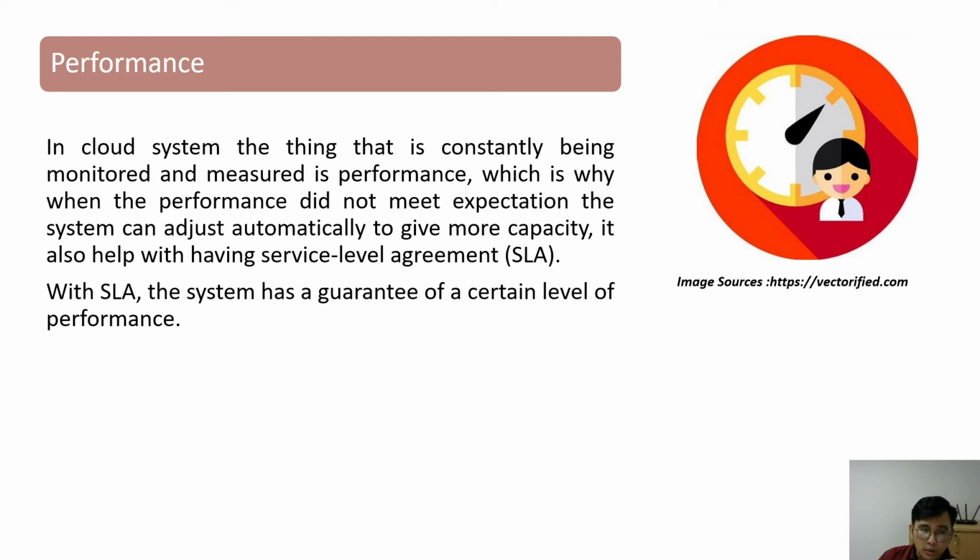So SLA, the service level agreement, is a guaranteed level of performance. It's just one example. We can also use another kind of measurement if we like, but this is the most common way to assure our customers that we are providing a good and the best quality of cloud computing.